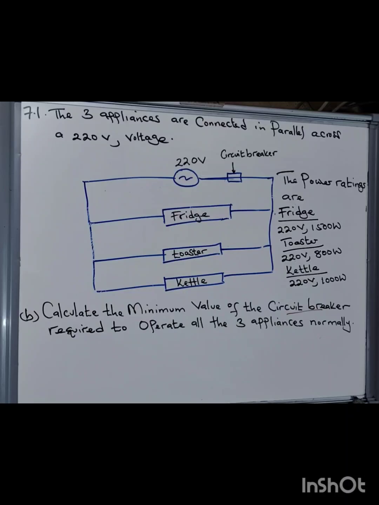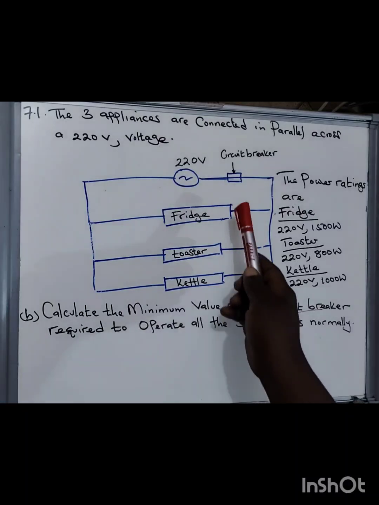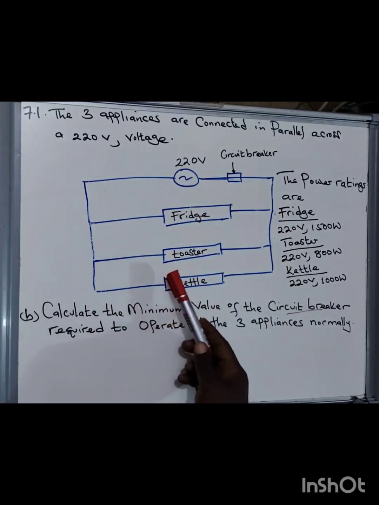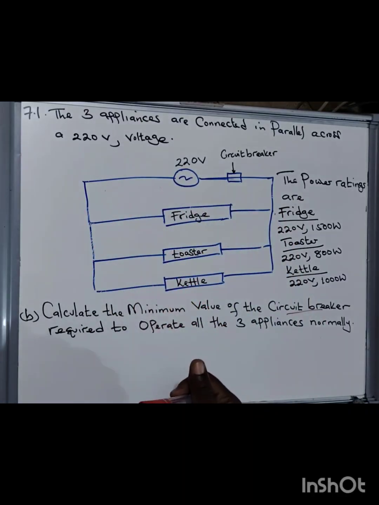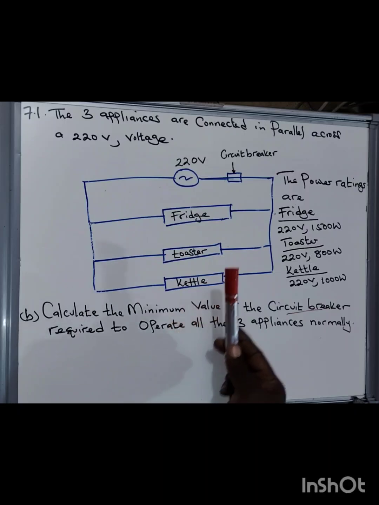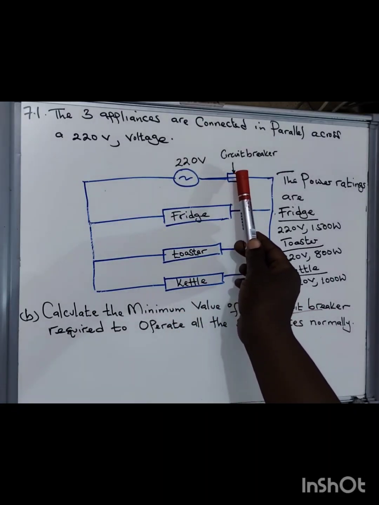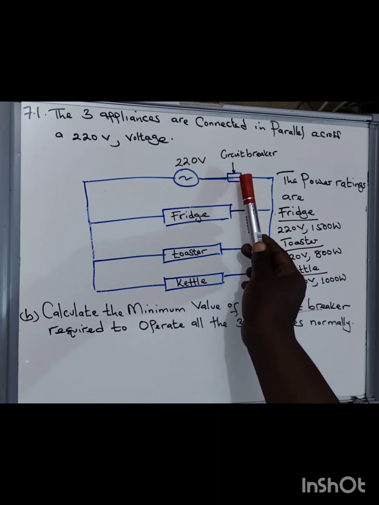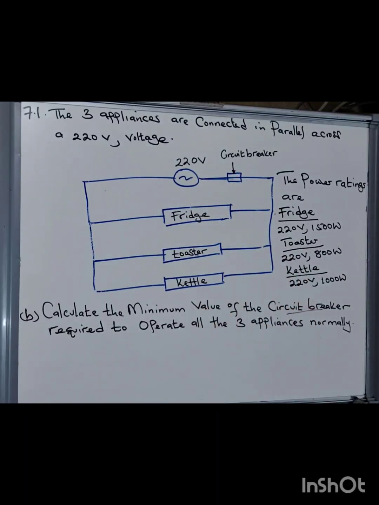Previously, it used to be a fuse. Its purpose is to protect the circuit from overload. So they gave it amperage, a maximum number of current which must pass through. And when that current is exceeded, the breaker switches off.